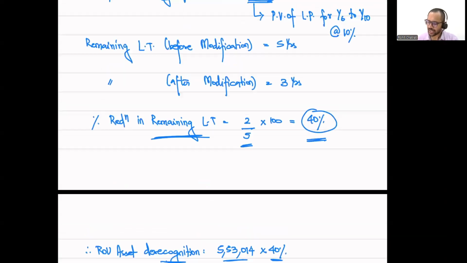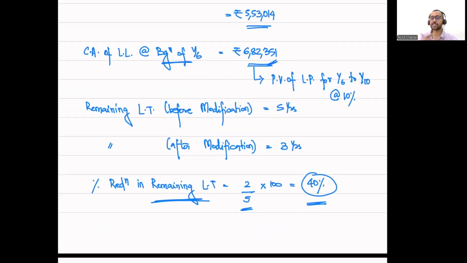Now, the carrying amount of lease liability at the beginning of year 6 was 682,351.